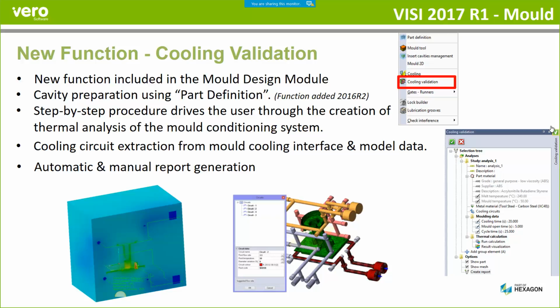So if you've got an insert, it'll automatically extract the cooling lines from that solid insert. Or if you've just got them modeled using the mold cooling function, it'll automatically take that. And we can also create a report just to see how efficient our cooling lines are. So it's valuable feedback for any tool designers.